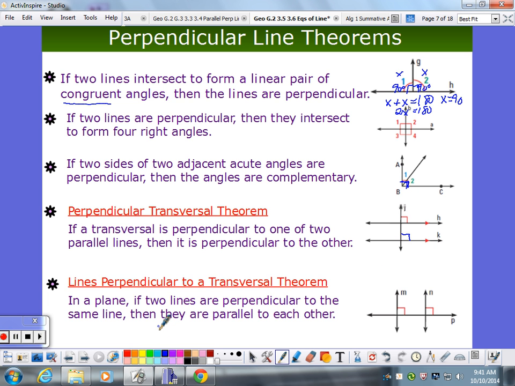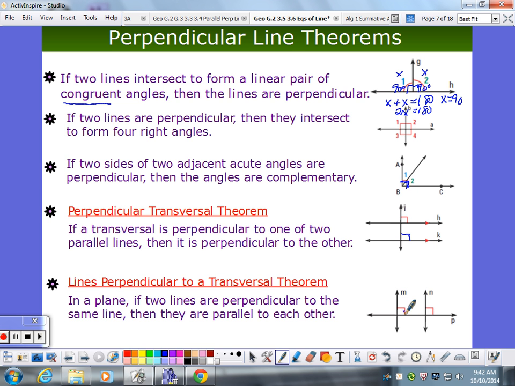And the other one, we have lines perpendicular to a transversal, kind of like this one. In a plane, if two lines are perpendicular to the same line, then they are parallel to each other. So we're going to be using more of those converse theorems we looked at. Two lines, m and n, are both perpendicular to p. So by definition, I have right angles here.